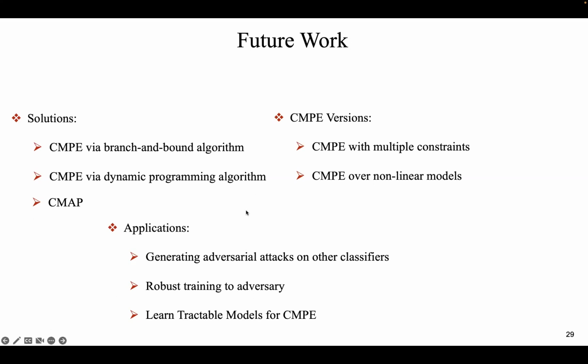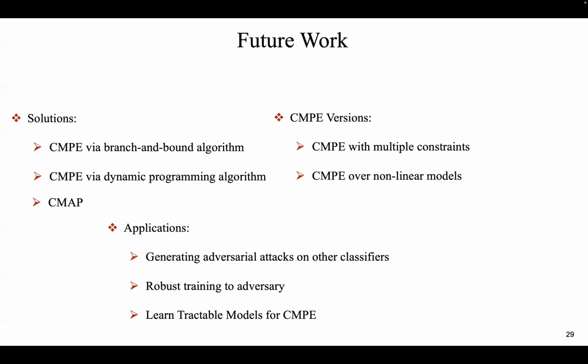We also want to make CMP much harder. Right now we have only considered one constraint, but eventually we want to solve CMP tasks that have multiple constraints. So you're given a collection of graphical models, and each graphical model gives you a constraint, and now you're optimizing such that all constraints are satisfied. We have considered many applications of CMP, such as generating adversarial attacks on neural networks, which are much more complicated classifiers.